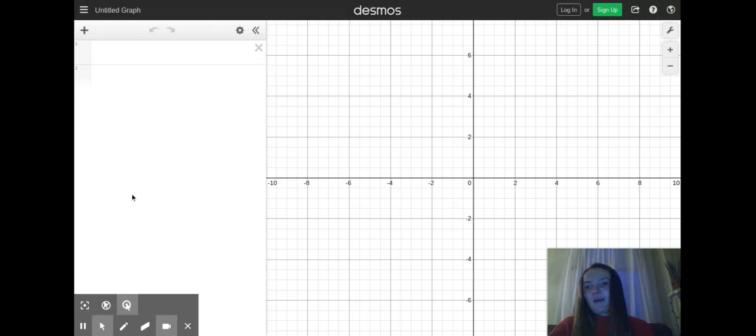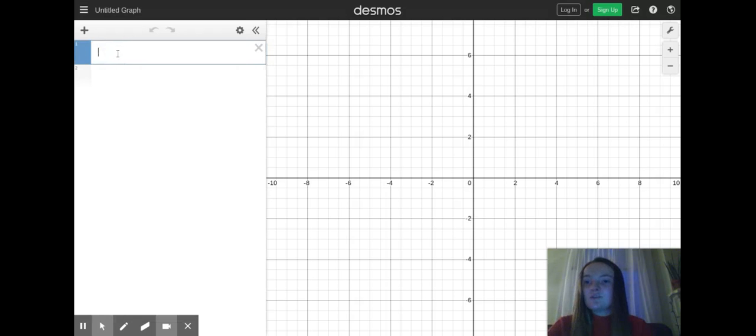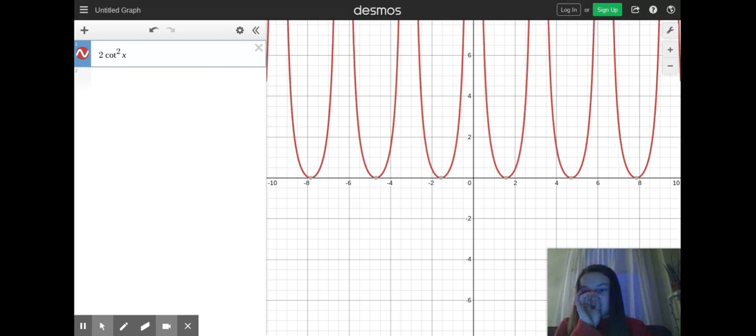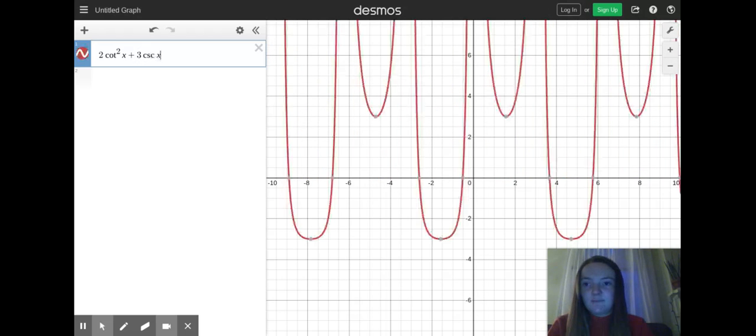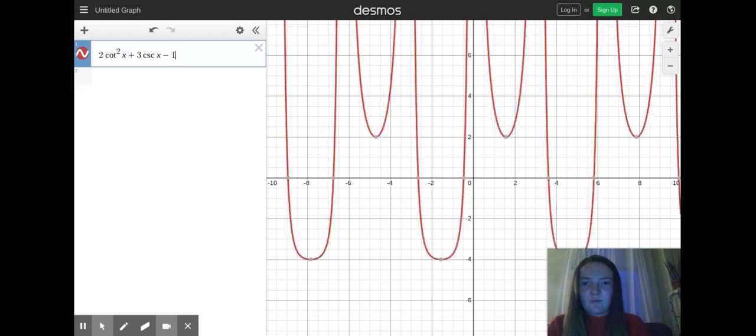Okay, so we're back. On Desmos here, we're going to type in the actual function. The function that we were given was 2 cotangent squared x plus 3 cosecant x, and we're going to move everything over, minus 1.